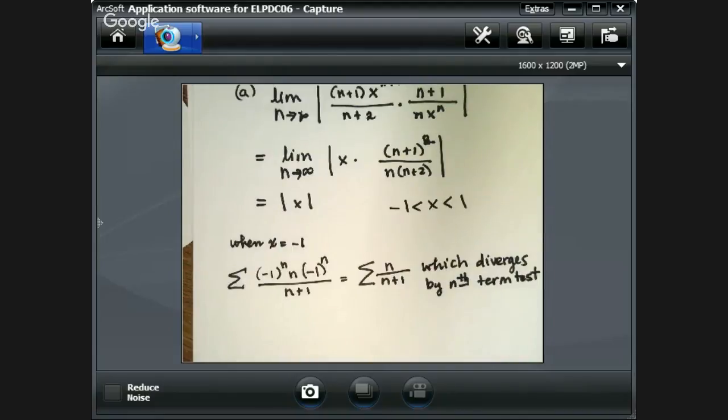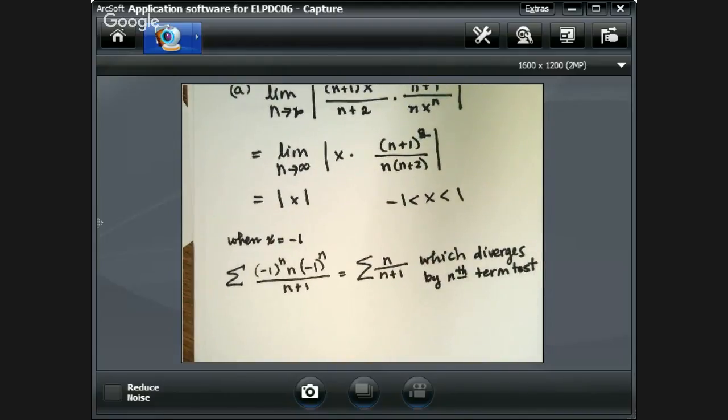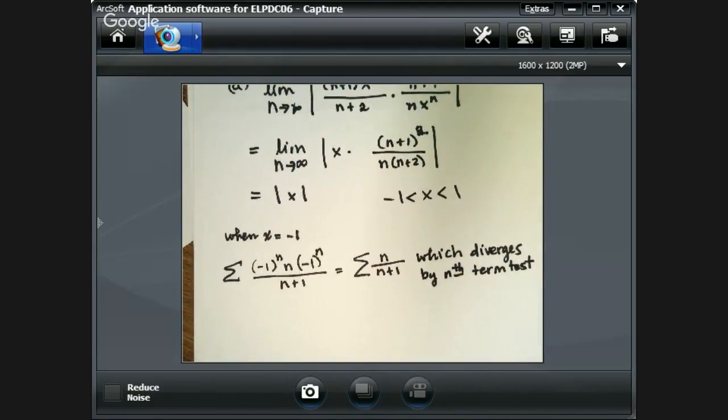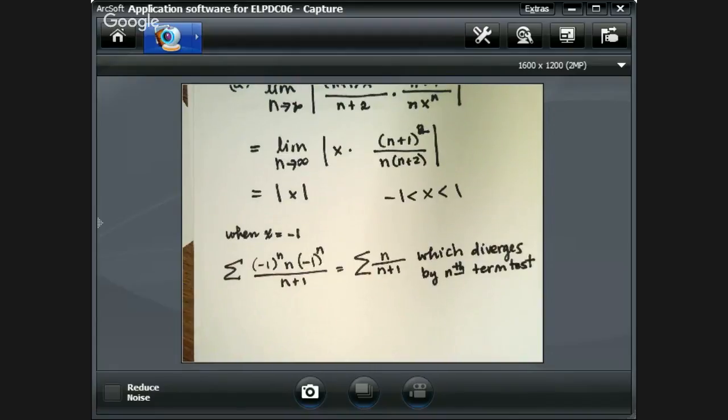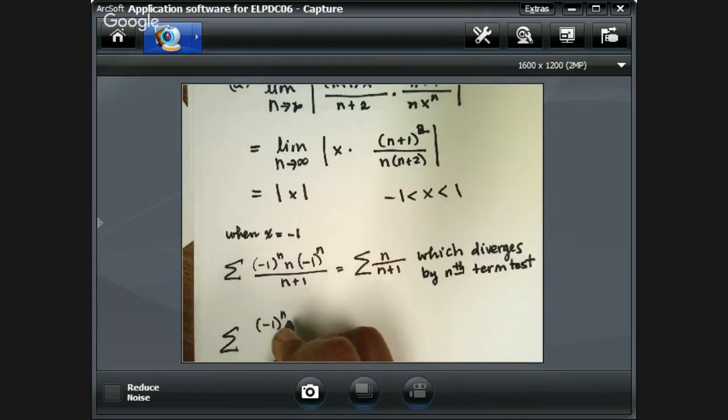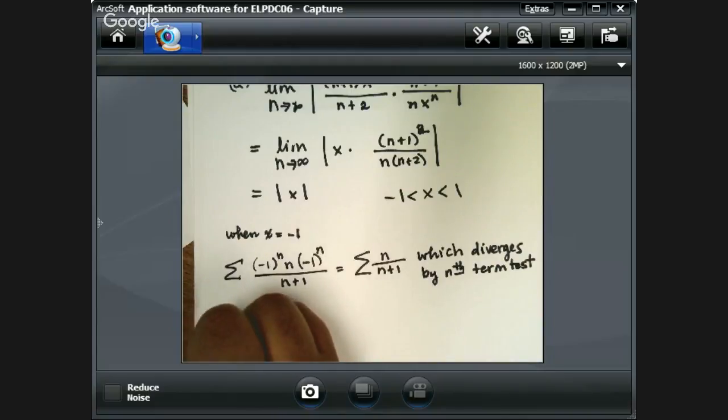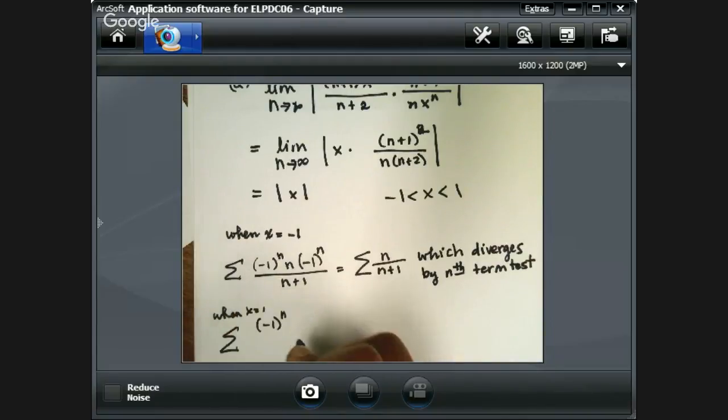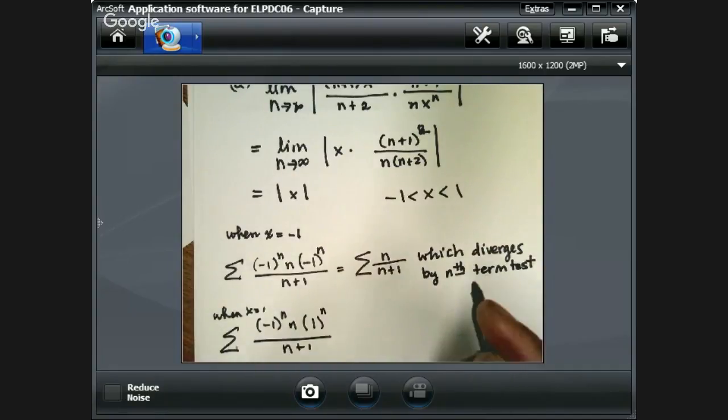Ooh, I don't know what that was. I think I said series, and Siri thought I said Siri. So this is the sum of -1 to the n. I'm now going to take my other endpoint, when x equals 1, of 1 to the nth power over n plus 1. But you know what? I don't need to do any more than that.